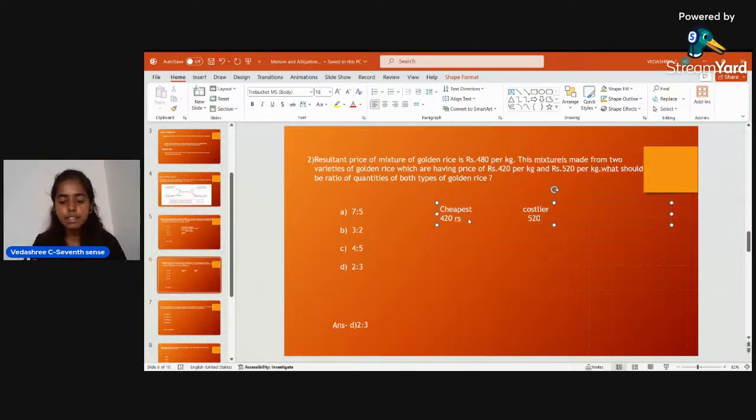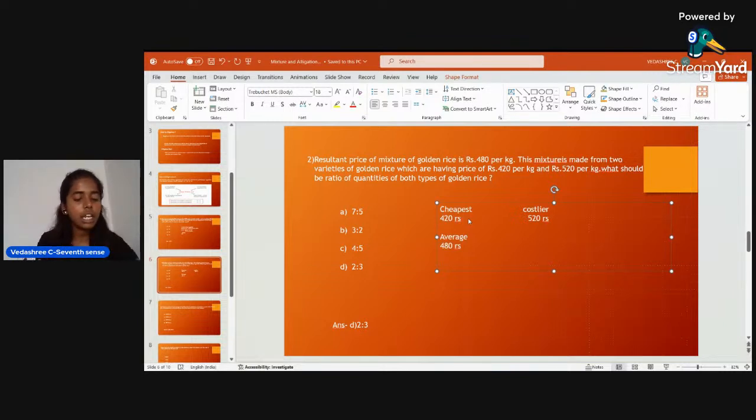Of the two prices given, we need to consider which is costlier and which is cheaper. Here costlier is 520 and cheaper is 420. The average is also given, that is the mean price 480 per kg. So now we need to calculate the ratio of quantities of both types of golden rice.